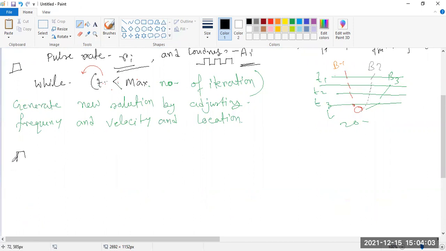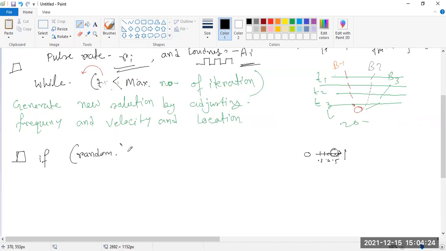Then if it is updated, then if rand, you have to select a random number from 0 to 1. Say this is 0.2, 0.4, 0.5. We have to select a random number.